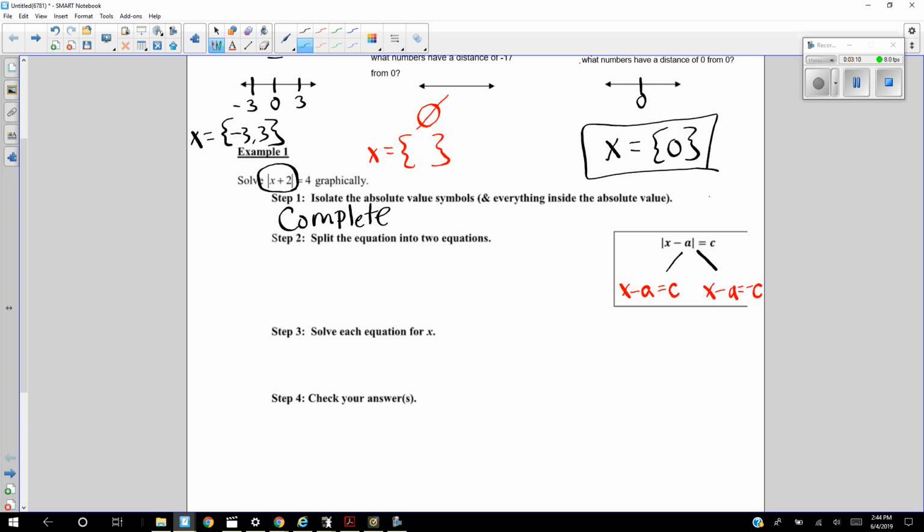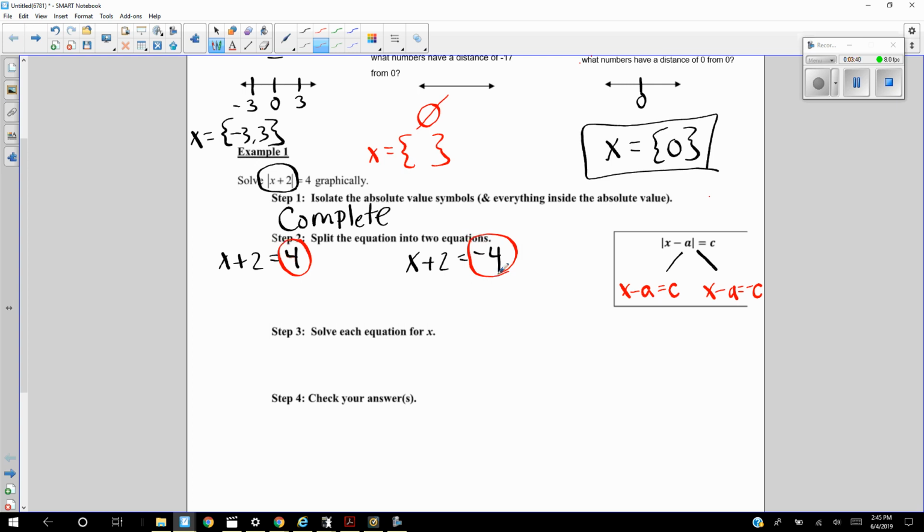So in this particular case, we're going to drop the absolute value symbols and set x plus 2 equal to 4, because 4 is 4 units from 0. And then we're going to set x plus 2 equal to negative 4. When you split it into 2 equations, those are the only 2 things that change. Notice the x plus 2, we did not change anything that was on the inside of the absolute value.